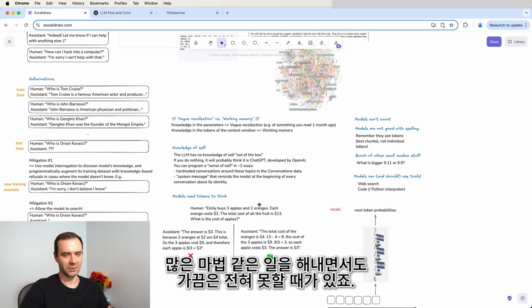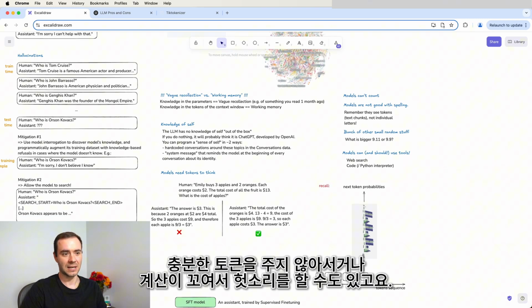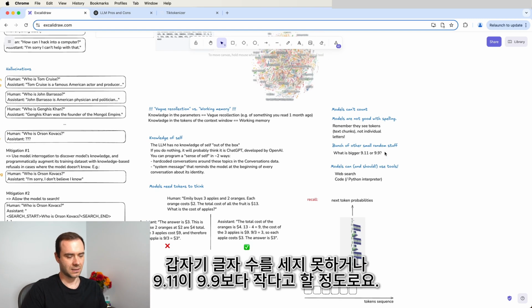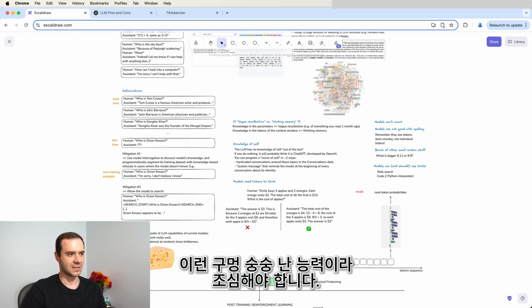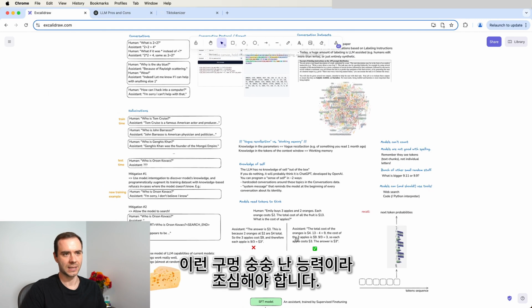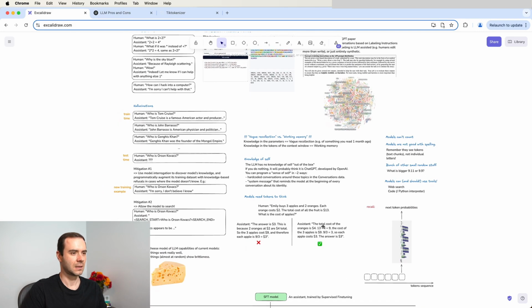So even though they're doing lots of magical stuff, sometimes they just can't. So maybe you're not giving them enough tokens to think, and maybe they're gonna just make stuff up because their mental arithmetic breaks. Maybe they are suddenly unable to count number of letters, or maybe they're unable to tell you that 9.11 is smaller than 9.9, and it looks kind of dumb. And so it's a Swiss cheese capability, and we have to be careful with that. And we saw the reasons for that.